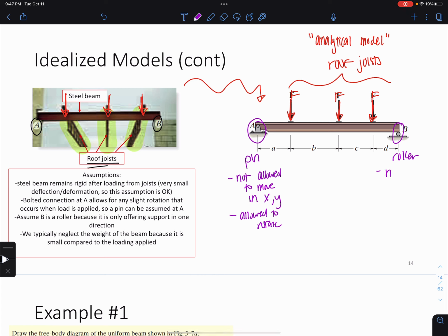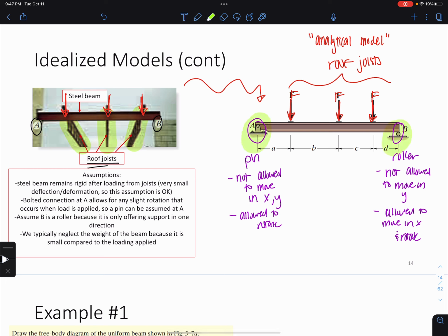And for a roller, not allowed to move in Y, allowed to move in X, and allowed to rotate.